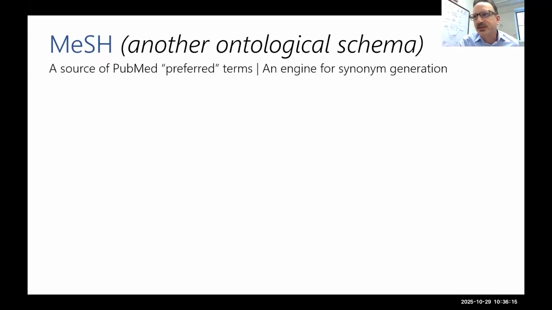And they're also parts of, like in that NAMO ontological schema we saw earlier, a hierarchically structured system of terms. So within MeSH, you're able to not only gather the terms that PubMed uses to describe its papers, but also see how those terms are related to other terms in a larger schema.